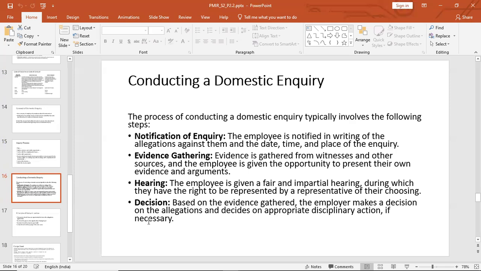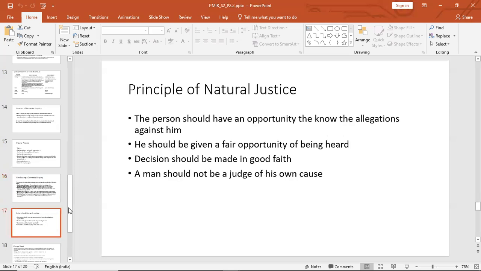How it happens: motivation, evidence gathering, hearing, decision. This is part of the process of domestic inquiry. Then principles. What are the main principles one should follow while doing the domestic inquiry? Principles of natural justice. What does natural justice mean?